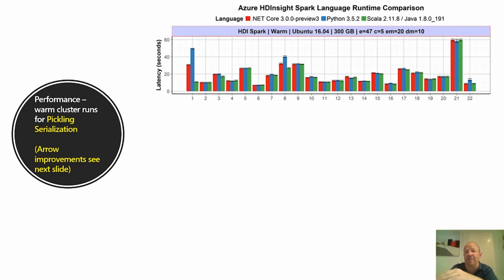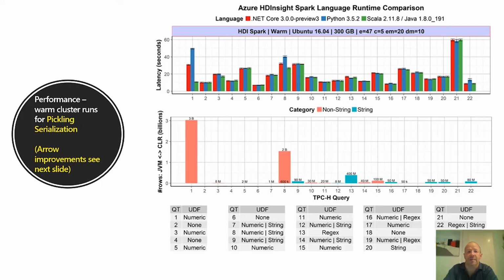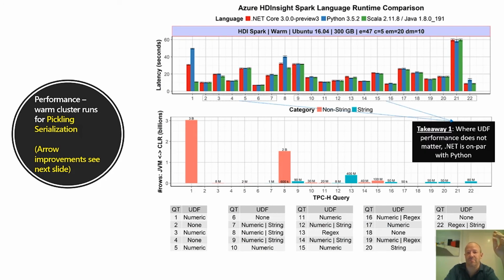And again, these are the TPC-H data sets and queries that we are running here. And you will notice that for most of the queries, we are more or less the same, regardless of which languages we are using. It's within statistical significance in most of these cases.